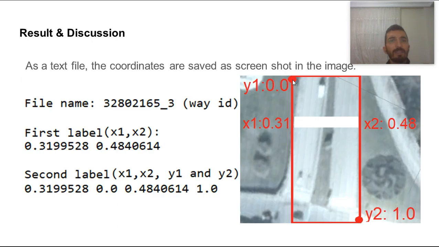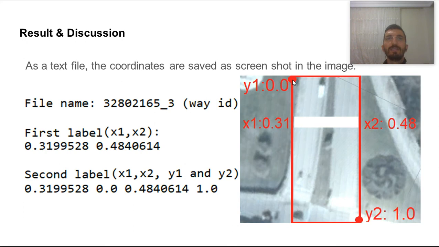As a text file, the coordinates are saved with the screenshot images. From the x1 and x2 coordinates, the bounding box labels x1, y1, x2, and y2 are saved as two separate outputs with their images to be used when needed.